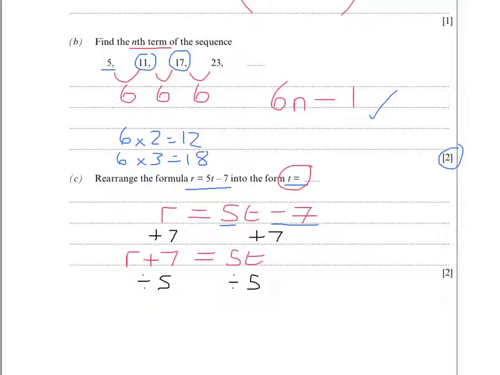So if I do that to both sides, then on the right hand side I'm just left with t. And on the left hand side I have r plus 7, and in algebra a divide we write as a straight line, so r plus 7 over 5. So if we want to put it as t equals, it's t equals r plus 7 over 5 for our 2 marks.